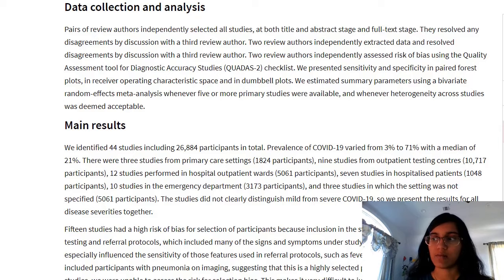If most people who are asymptomatic do not have COVID, that would mean there's a high specificity. Whereas if there are a lot of people who are asymptomatic and do still have COVID, and that doesn't predict the presence of COVID well, then there's a low specificity. So that's the difference between sensitivity and specificity, and that is what they are going to be analyzing.